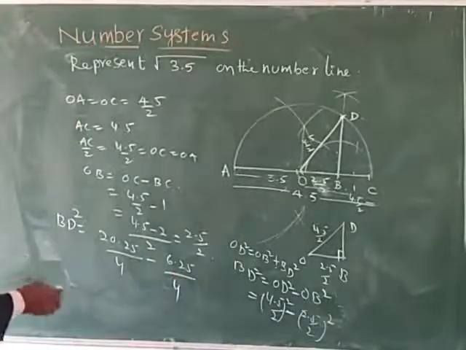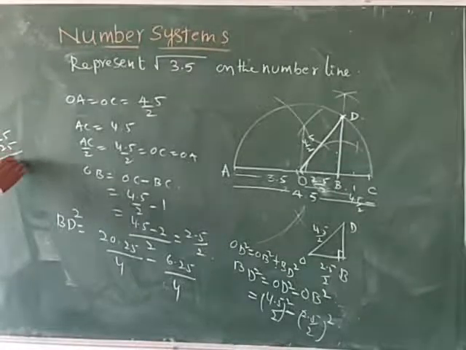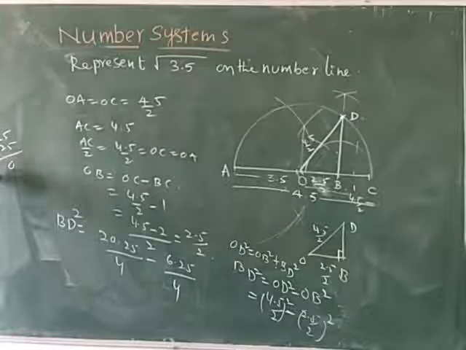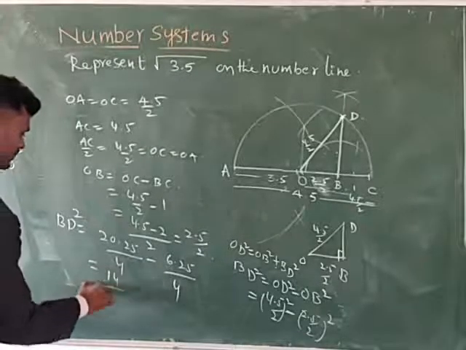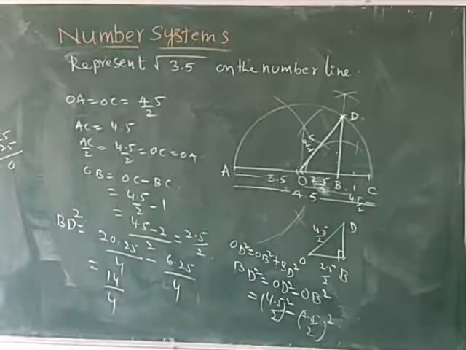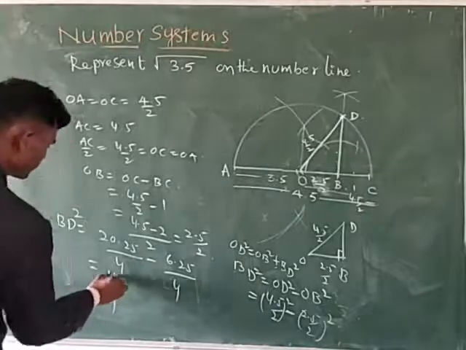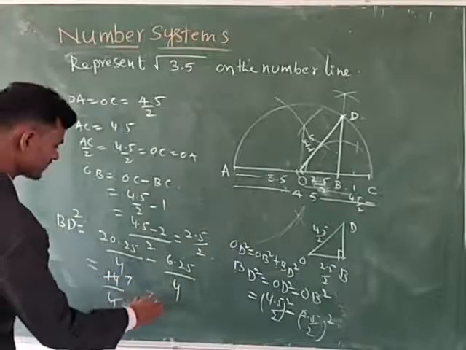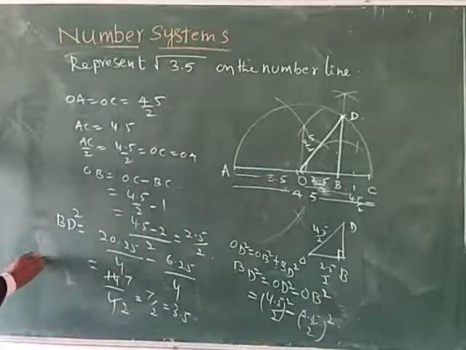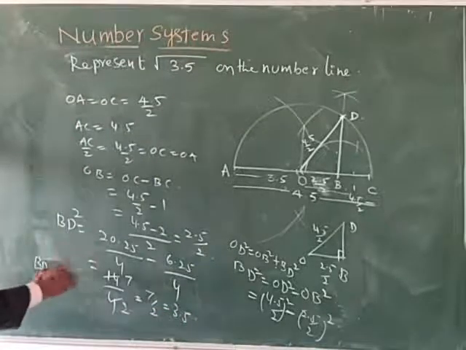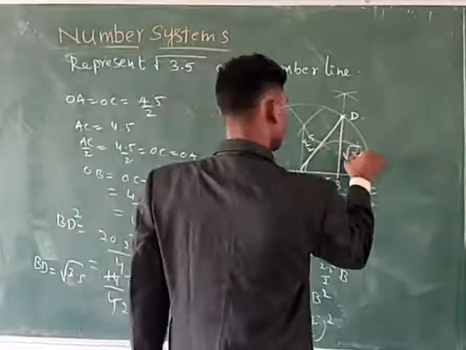Now you have to subtract 20.25 minus 6.25, that is 14. Here 14 by 4. Simplify: 2 7s are 14, 2 2s are 4. Here 7 by 2 means 3.5. BD square is equal to 3.5, so BD is equal to under root 3.5.